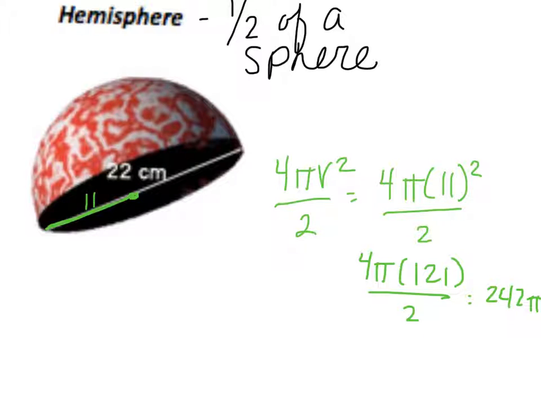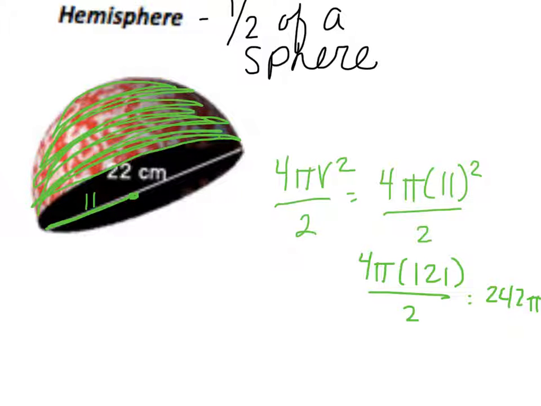Okay, so that's what the hemisphere is, but I need to think about this for a second. If I want the total surface area, the surface area for a sphere covers this outside region. So even if I divide it by 2, I'm still just finding the outside region.